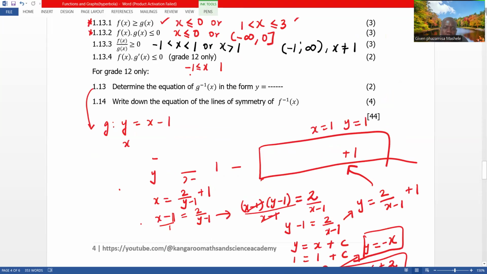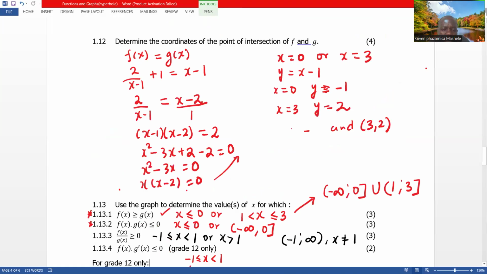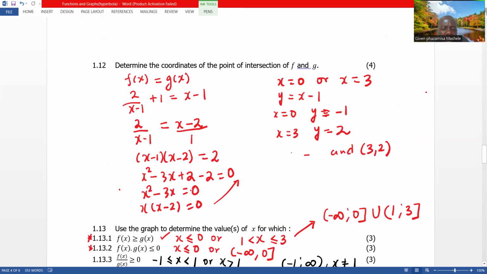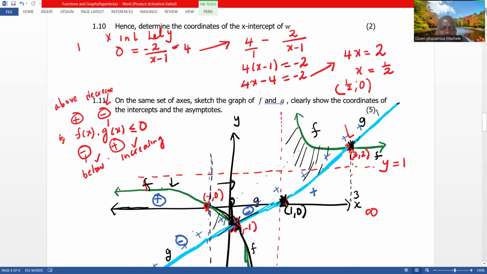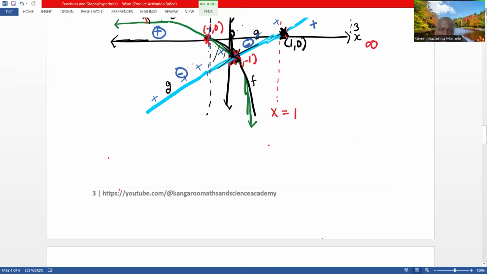We said x should be less than or equal to 0, or from negative infinity to, where, I think there's a typo here. Let's confirm this. What do we want? What was the question? Okay, let's check something. We want where one is above and one is below.